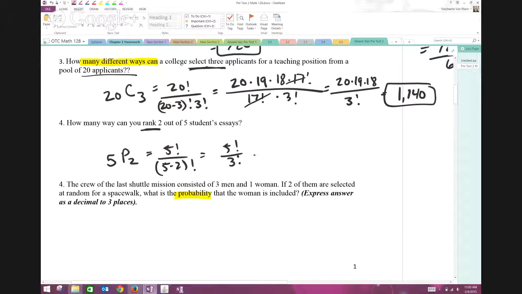Again, the step-by-step formula is not what is graded here. Really, on this question, it's asking, can you identify it's a permutation and not a combination? Because the order matters. Anytime you have rank, order matters.